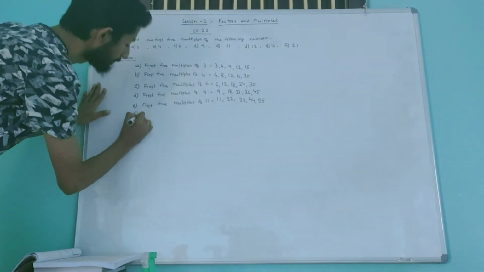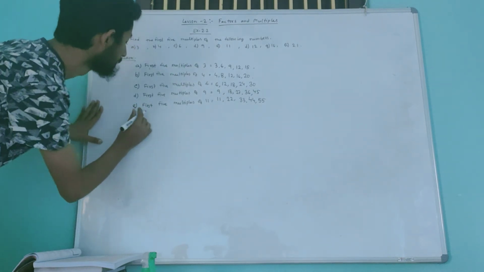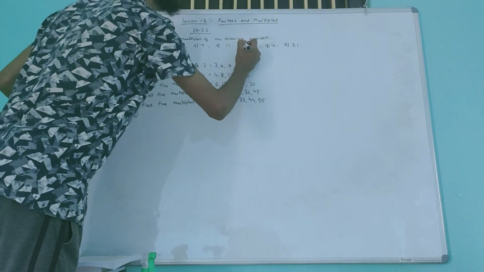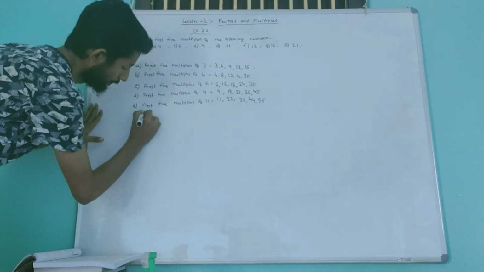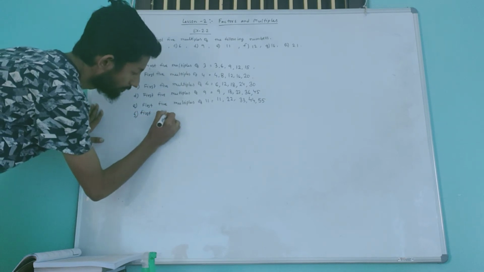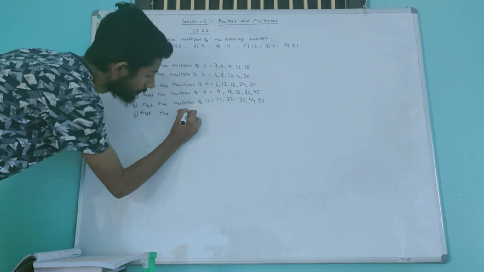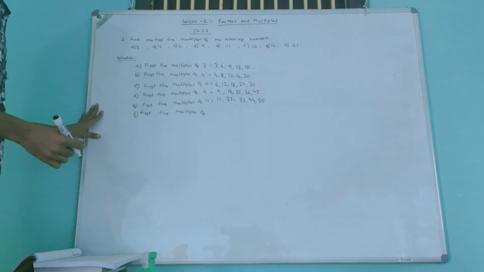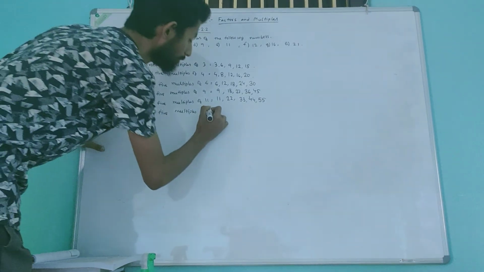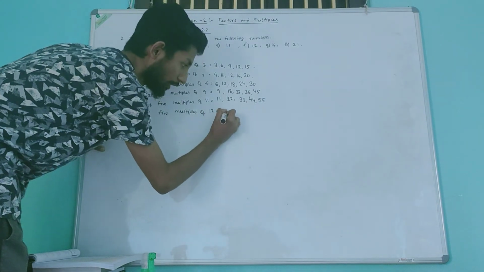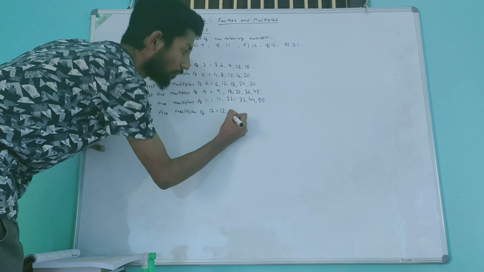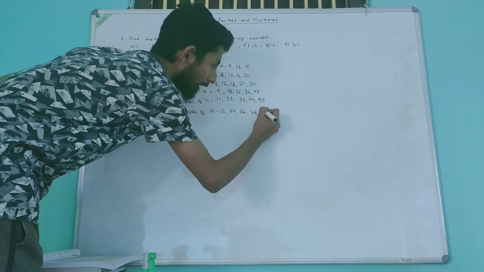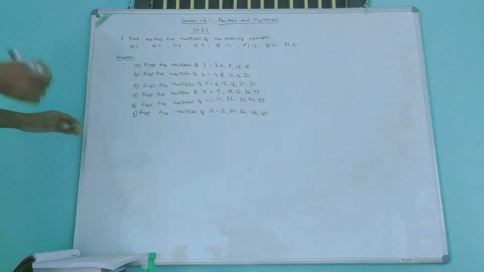Similarly, if we do question number F, it says first 5 multiples of 12. 12 ones are 12, 12 twos are 24, 12 threes are 36, 12 fours are 48, 12 fives are 60. It's very easy.